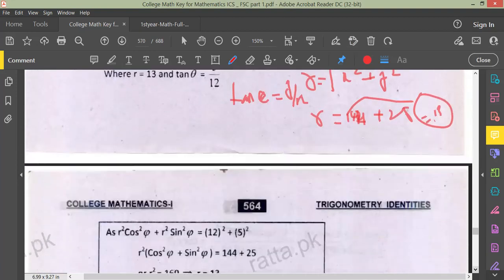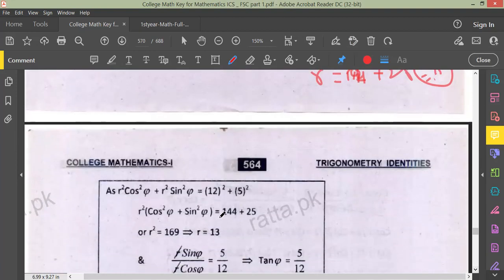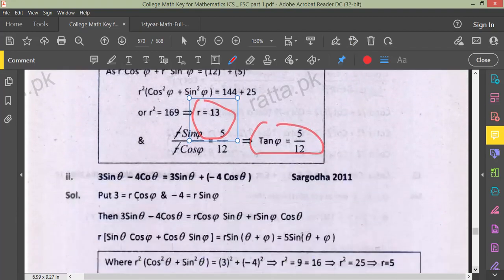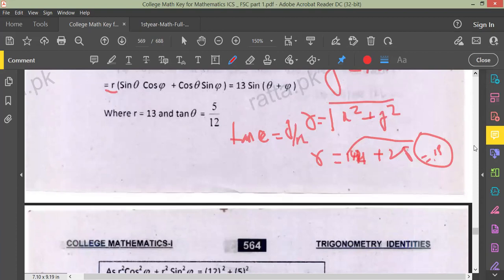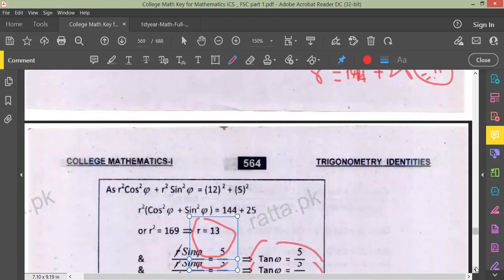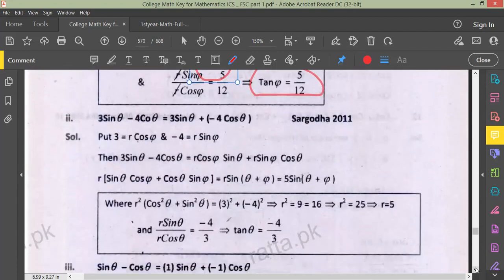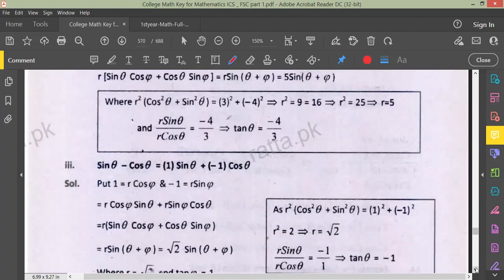So putting the value here, our final expression will become: this is the value of r and this is the value of tan theta, tan phi, sorry. So this is our final answer. We had to find the value of r and we had to find out the value of tan of phi. So this is a simple expression. Similarly, the other part of question number 14 will be done with a similar method.